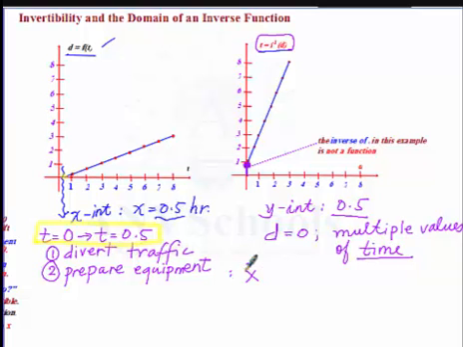Simply put, in picture, we have an x1 at d equal to 0. At d equal to 0, there are multiple times there, so we have multiple values of y. We have distance equals 0 and y1, because the clock is ticking. We have another 0 at y2.